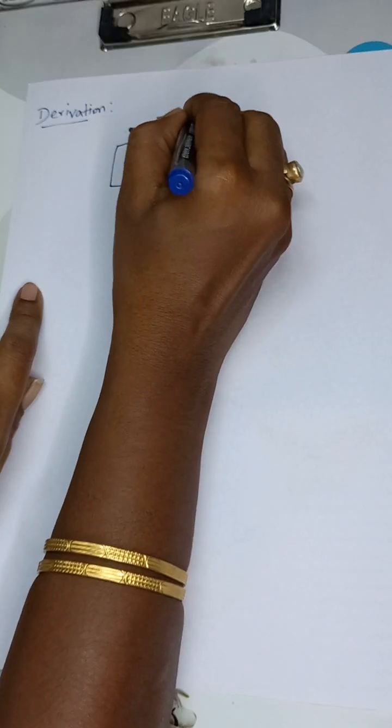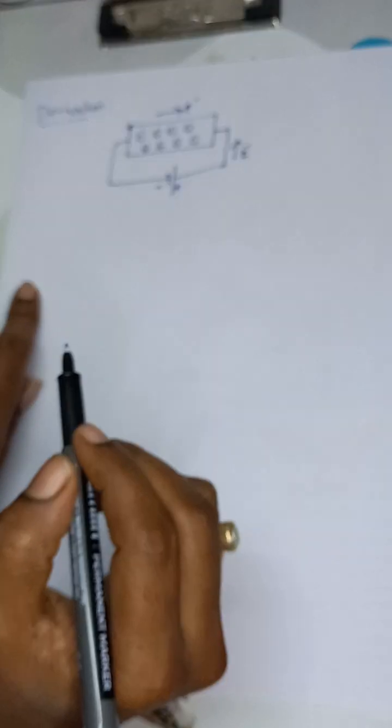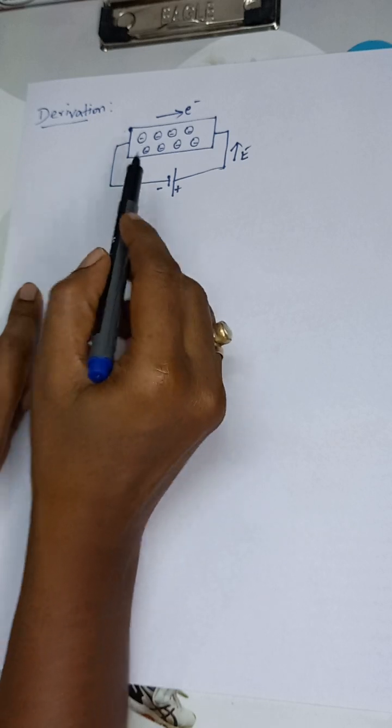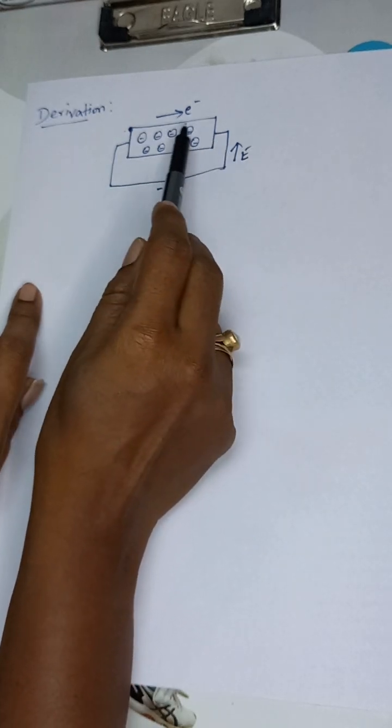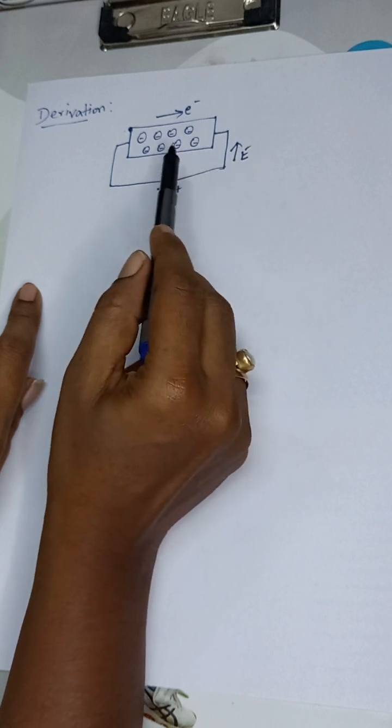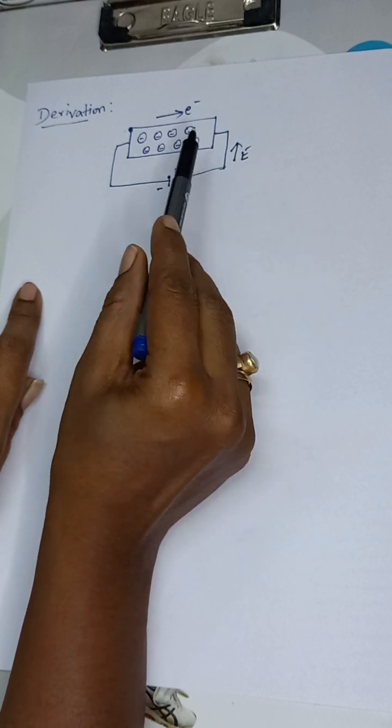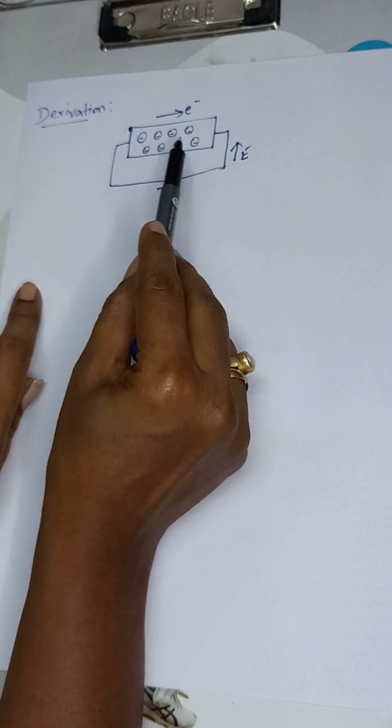This is the direction of electrons and this is the direction of the electric field E. When the electrons flow in this direction, the current flows opposite to the direction of the electrons.